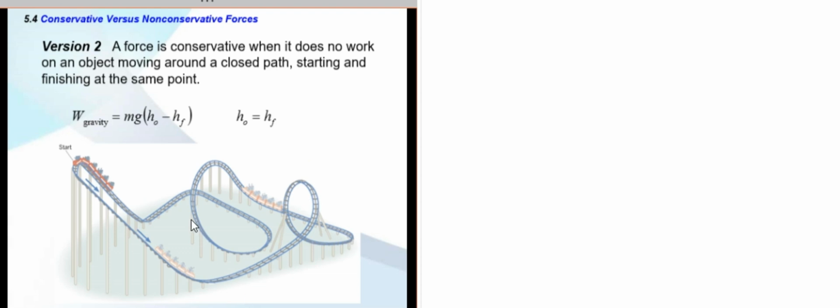Version 2 of the definition. So a force is conservative when it does no work on an object moving around a closed path, starting and finishing at the same point. Like for this example, a roller coaster. As it goes down and travels on this path, going around and going back to its starting point, then it does no work on the object, because technically your initial point is equal to your final point.